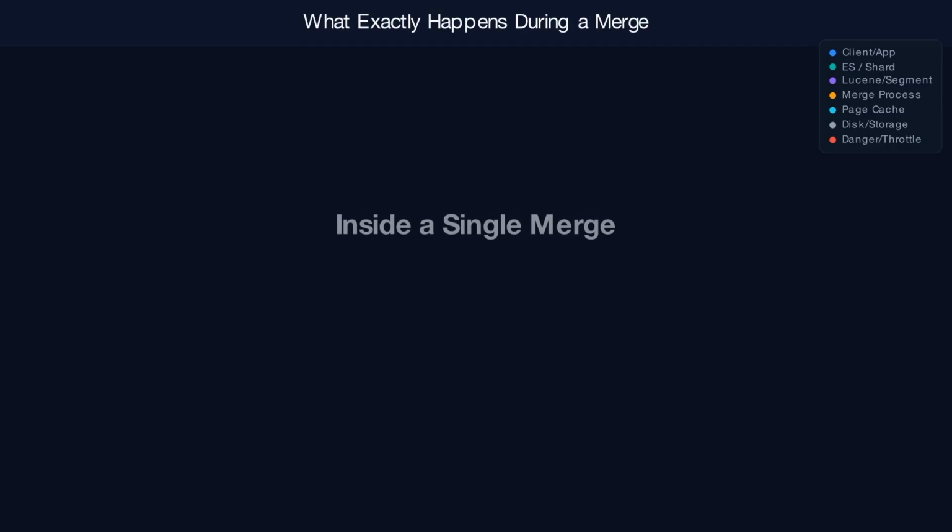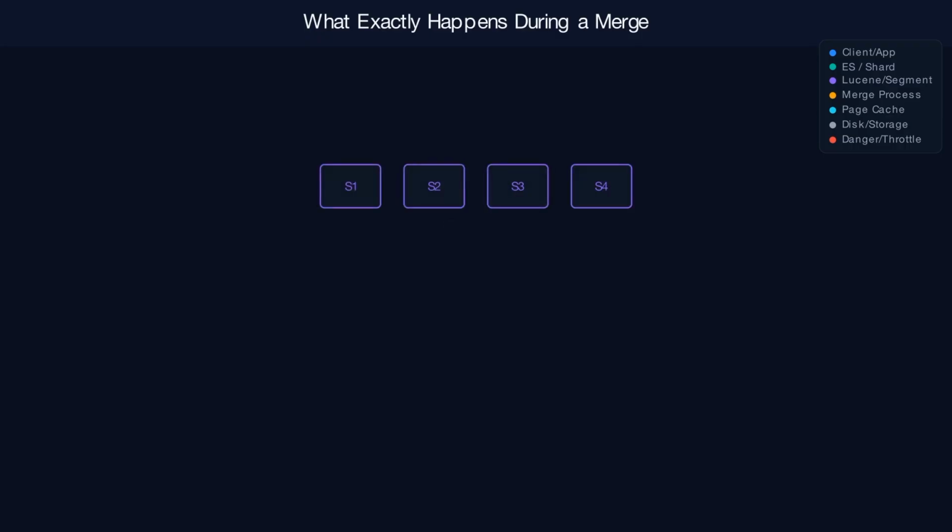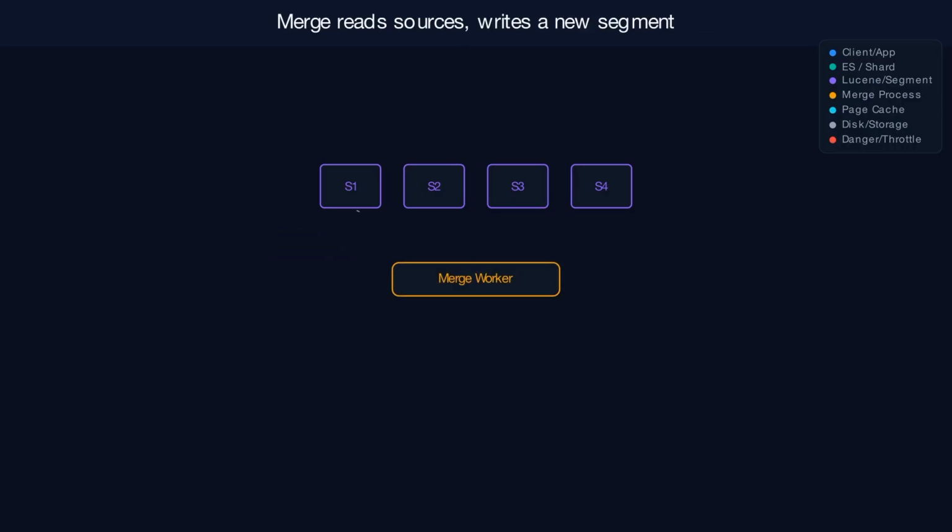Let us zoom into a single merge. Suppose a shard has segments S1, S2, S3, and S4. Each segment contains postings lists, stored fields, doc values, term dictionaries, metadata, and delete markers. During a merge, Lucene reads data from the selected source segments and writes a brand new destination segment.